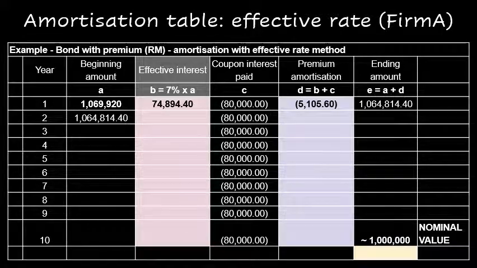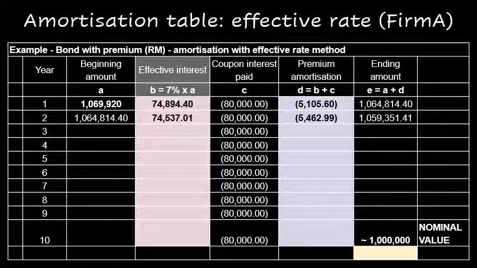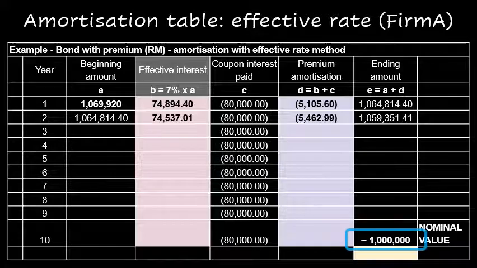We will do the same process at the end of the second period or second year to calculate the interest expense and the amortized amounts of premium, and we end up with a new ending balance. We will continue doing this until end of year 10, where we should get approximately the nominal value of the bond.